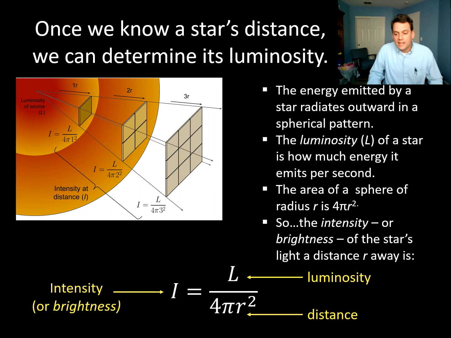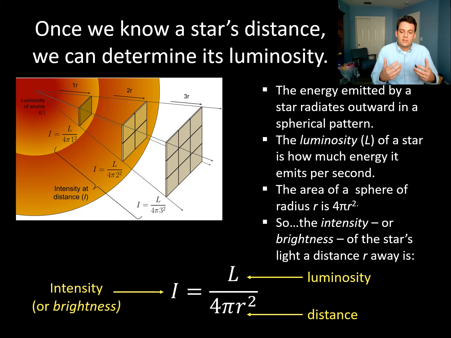Okay, so now that we've sort of beaten parallax into a dead horse, we can finally start to do what I promised you, which is that we can start to disentangle this complicated brightness relationship and its dependence on both luminosity and distance. Brightness is also known to physicists as intensity.